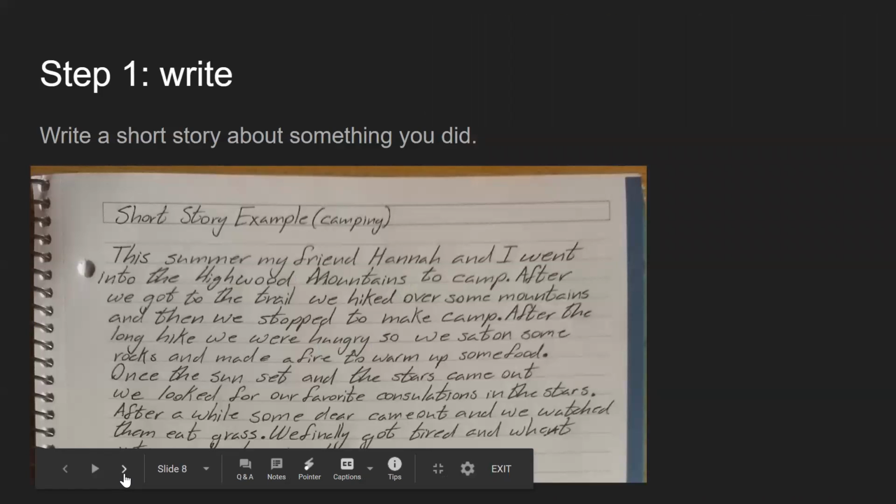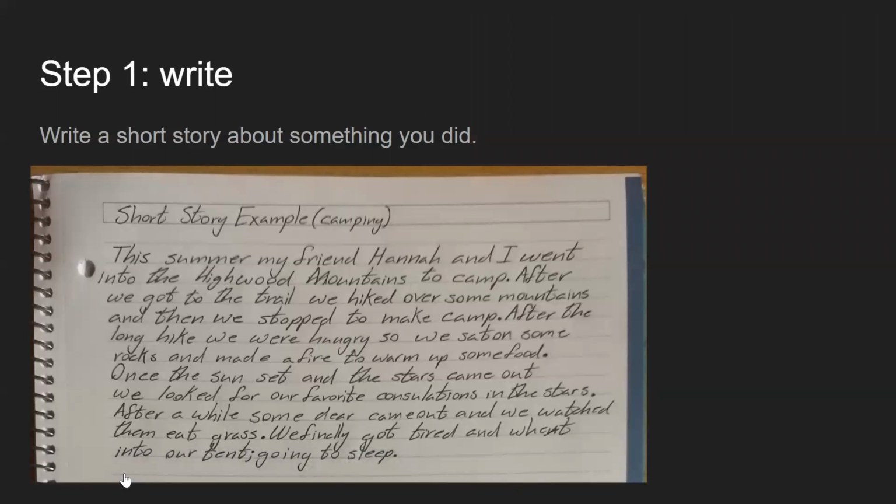For the first step, we write out a short story about something you did. So we're not gonna go into a historical narrative, but similar to how the ancient humans did it, we'll write our own narrative.